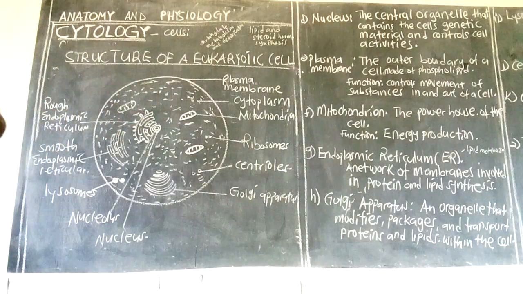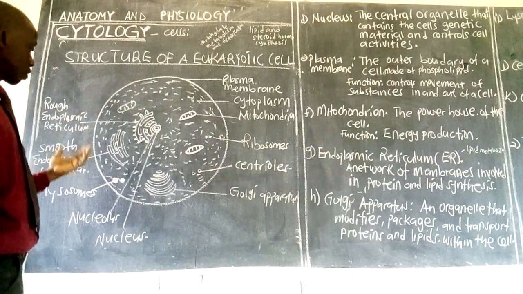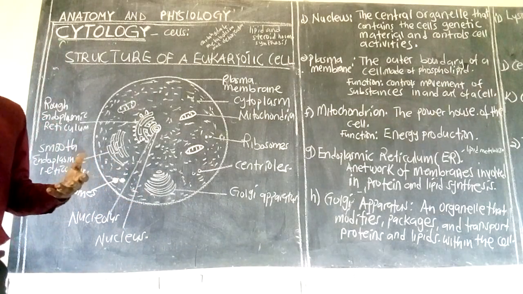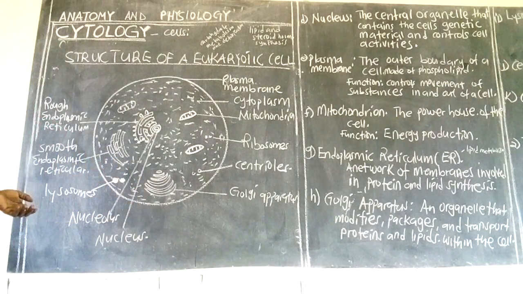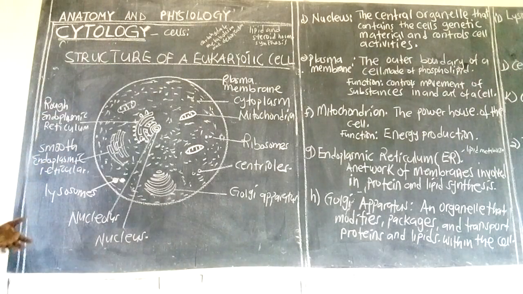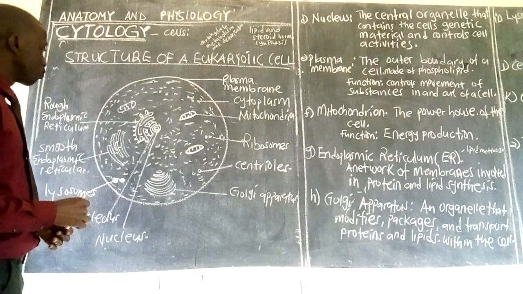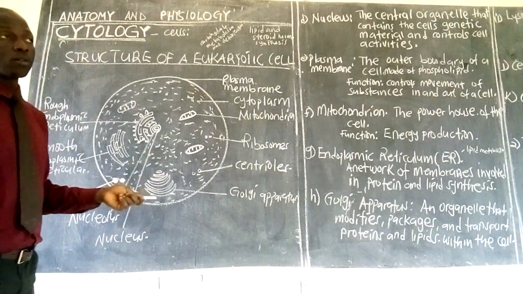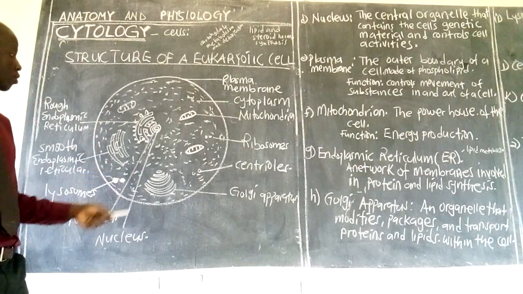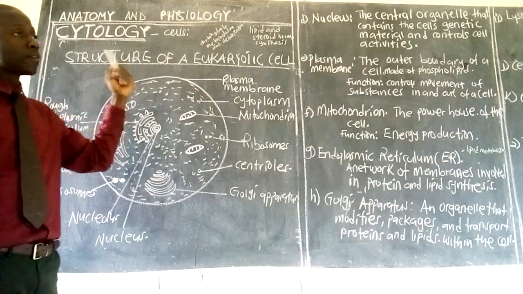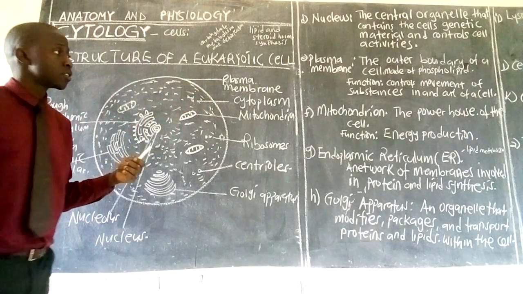Or you can be made to draw a structure of a eukaryotic cell, or a structure of a human cell, or the structure of a cell in anatomy and physiology. What they want you to draw is what we call the eukaryotic cell. Why? Because eukaryotic cells are the cells that are found in human beings.